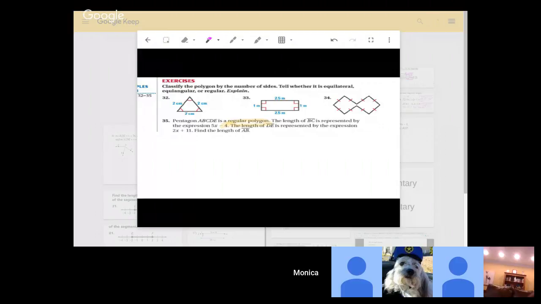So if we have a pentagon, pretend that all of those are equal, and we can label it A, B, C, D, and E. Then we know BC is 5x minus 4, and we know that DE, which is down here, is 2x plus 11.